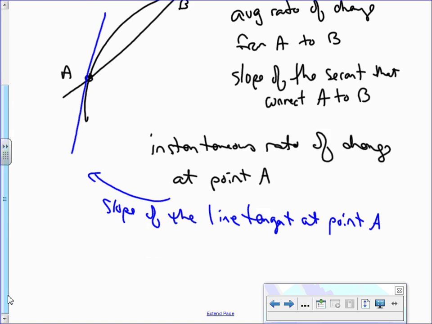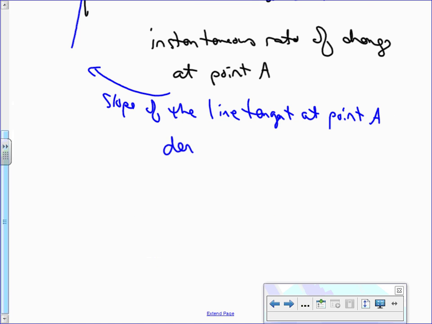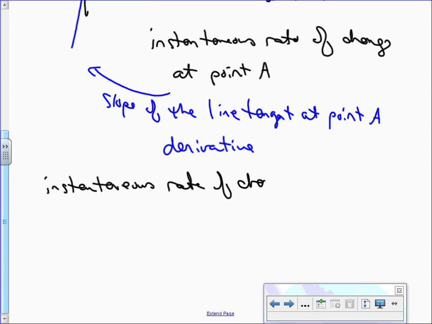Now, slope of the tangent line means derivative. That means find the derivative. That's what slope of the tangent line means.